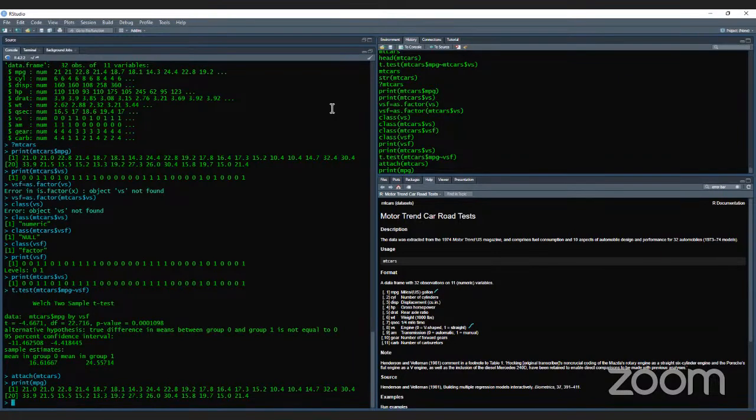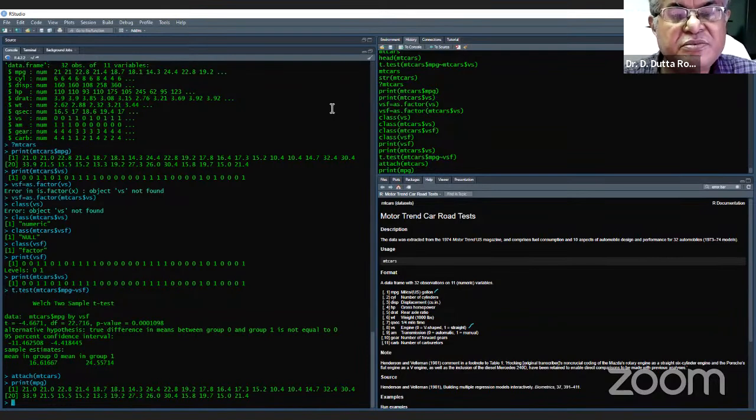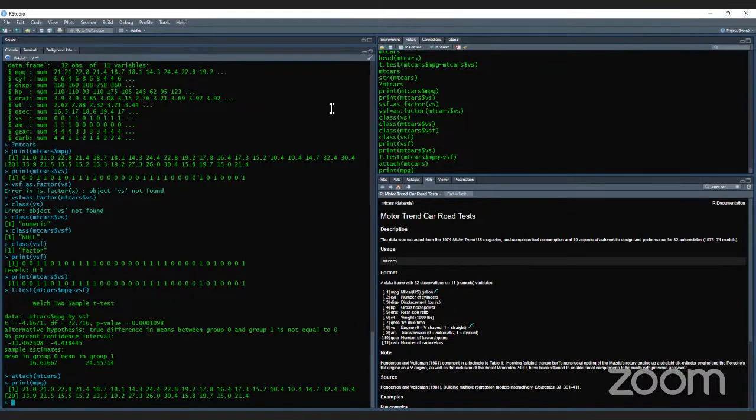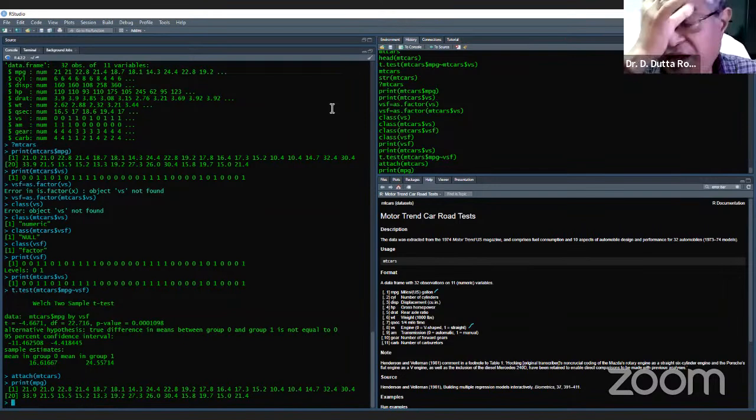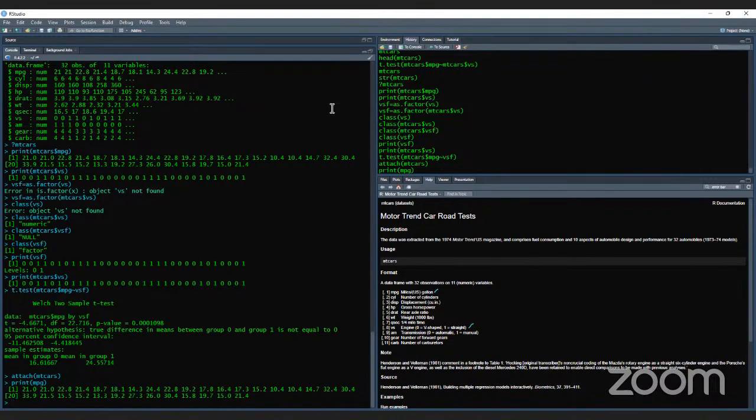But please download RStudio. For that, you have to download the R CRAN project. R is the base, and based upon that, after that, you will install RStudio.